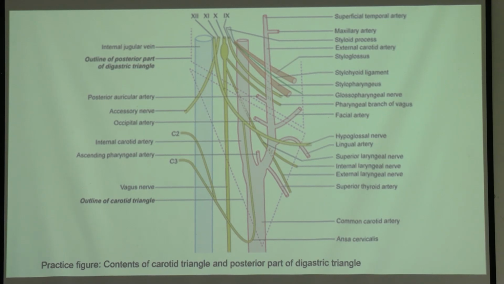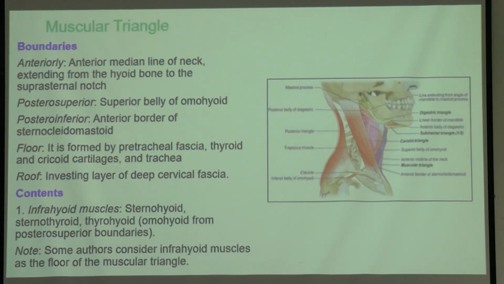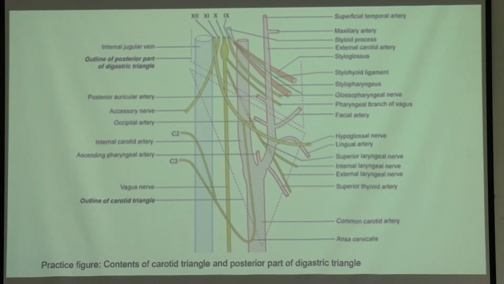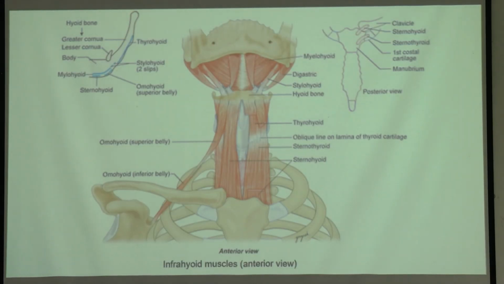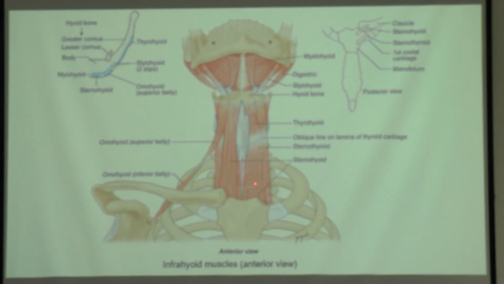In this group of muscles you can see the superior belly of the omohyoid, the sternothyroid, the sternohyoid, and the thyrohyoid. So these are the muscles which are being supplied by the ansa cervicalis.